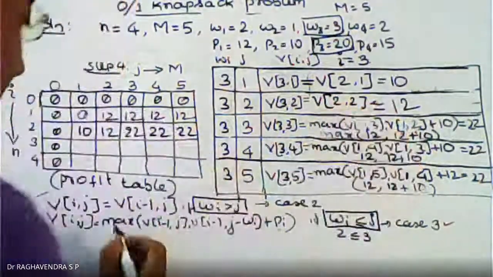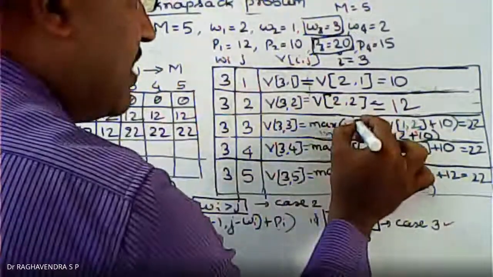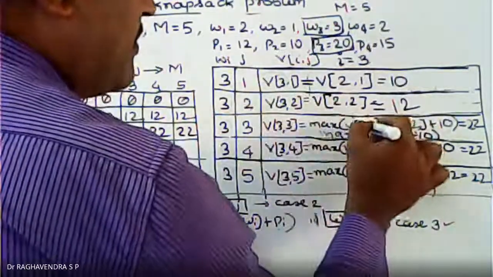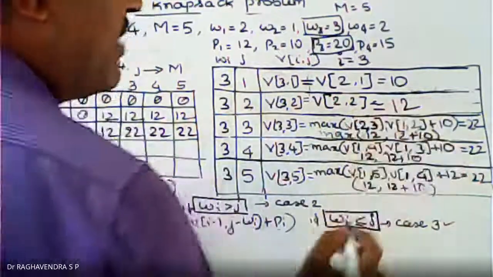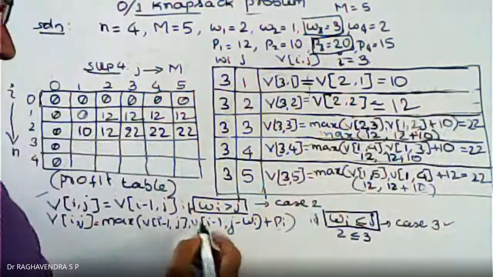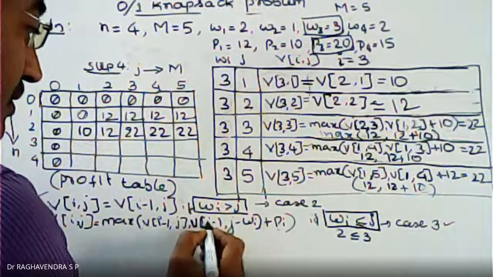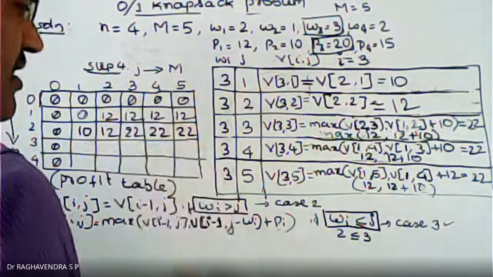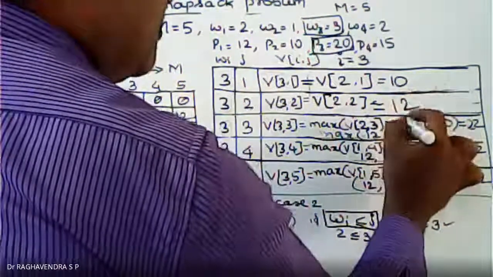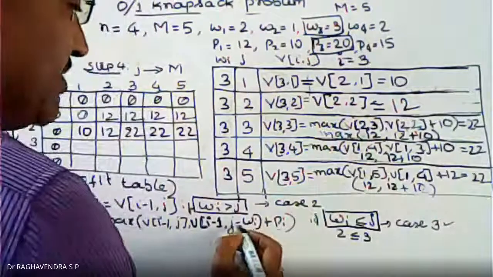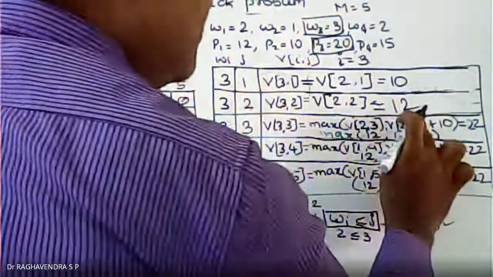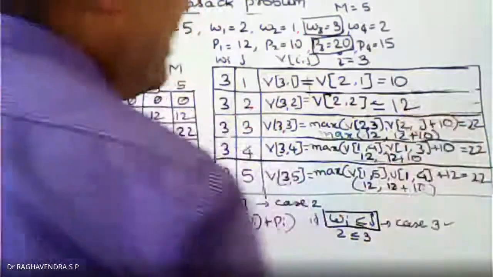Max of V of i minus 1, where i is 3, 3 minus 1 is 2 comma 3, comma V of i minus 1, which is 2, comma j minus wi, 3 minus 3, what is the value? 3 minus 3 is 0.